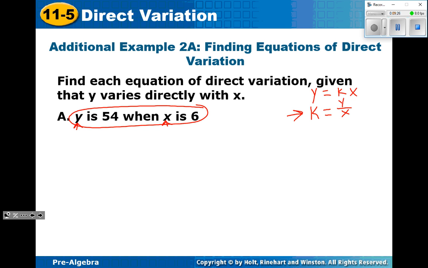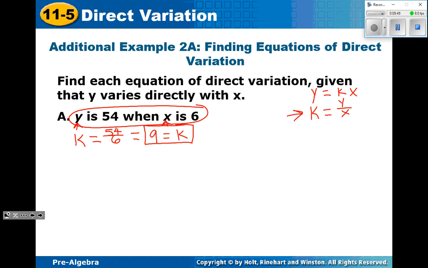Okay, so let's go ahead and plug in. We don't know k, k equals y is 54 and x is 6. We know that 54 over 6 is 9. All you need to write a direct variation equation is k. K stands for the constant of variation.